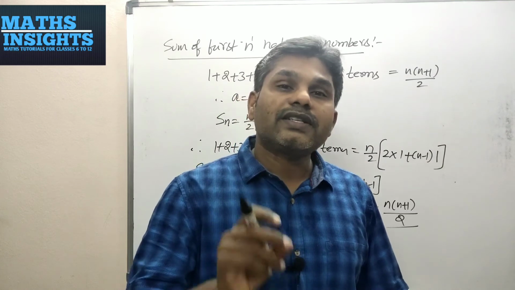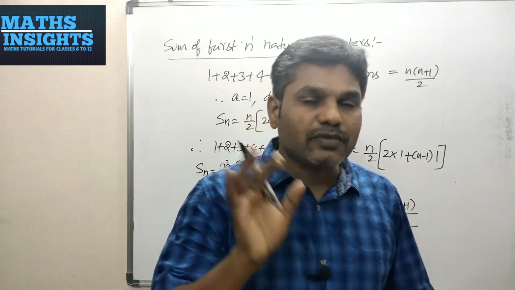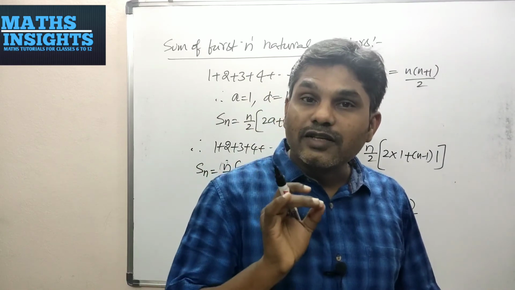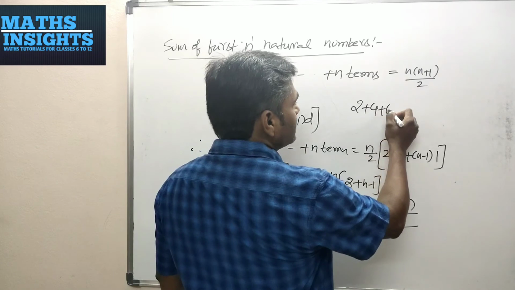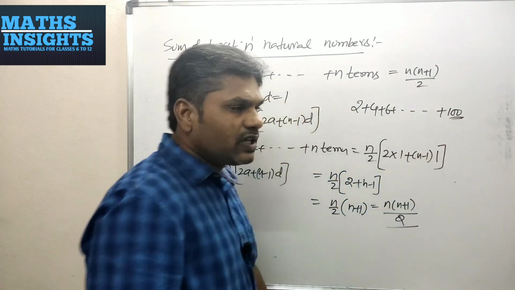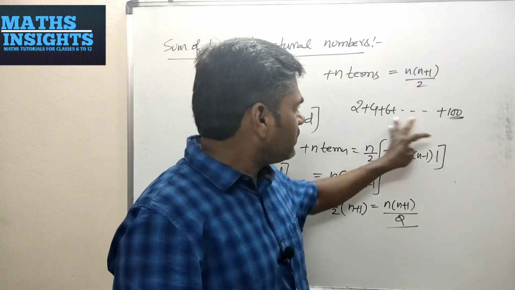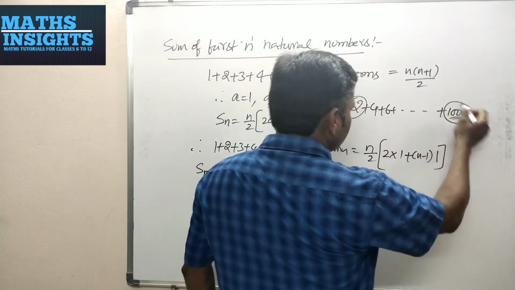Wherever a plus n minus 1 into d is there, you will write the last term. If you know the last term, suppose they are giving 2 plus 4 plus 6 and so on plus 100. This is the last term. They are asking the sum of these terms by giving the first term as well as the last term.